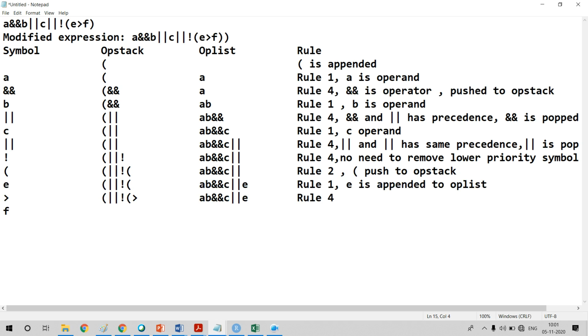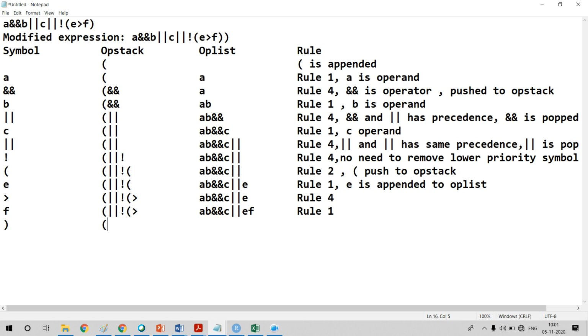The next symbol is F. The symbol is an operand. Add that at the end of the OP list. This is as per rule number 1. The next symbol is closing bracket. The rule number 3 says that if the symbol is right parenthesis, you have to remove all the operators till the left parenthesis.